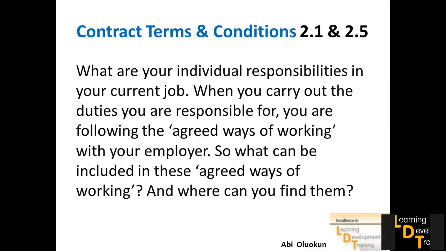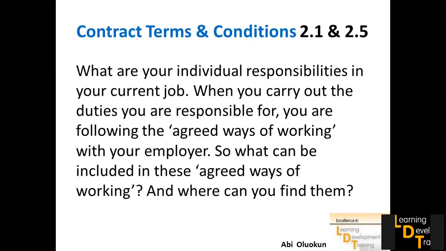For example, there will be a job description for a care worker or a support worker, or if you're a senior carer or a home manager, the job descriptions are different, and the list of duties expected of each one will be different. So you should have yours, and this will help you not to go out of the boundaries of your own job role, which is what we mean by your agreed ways of working.